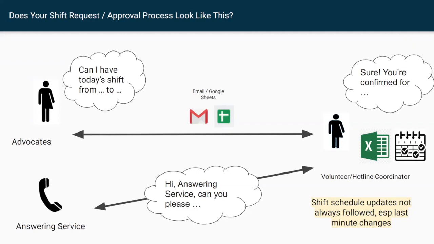Then the volunteer and hotline coordinator will compile all of that information, put it together the best that they can, get all of the information from all of the volunteers, advocates and staff members that they can, put it all in one big schedule, communicate it back to the advocates to confirm if there are any issues, and then communicate that to the answering service or however the calls are routed.